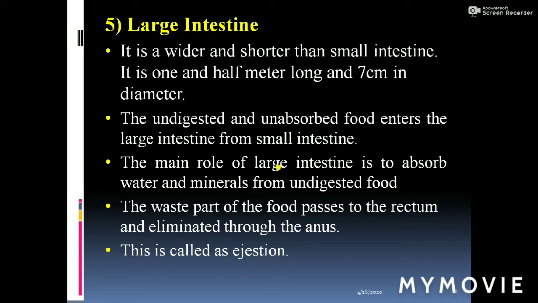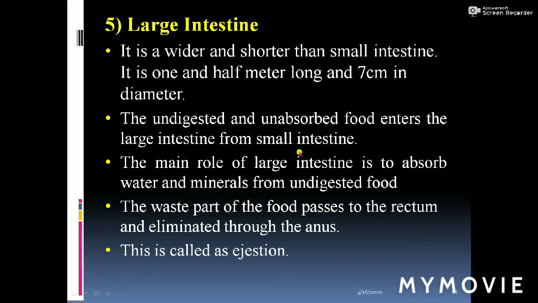So children, you have seen how nutrients are absorbed into the villi, and how the molecules of the nutrients are absorbed by the finger-like projections. Now next is your large intestine.